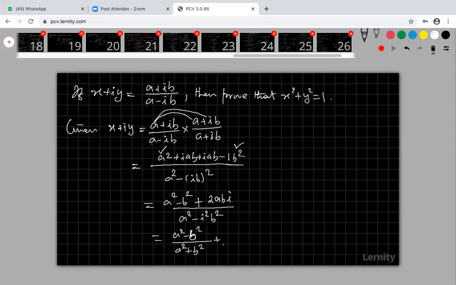Plus here i into 2ab divided by a square plus b square. Are you okay? Do you understand? Now come to that. This is actually my x plus iy.